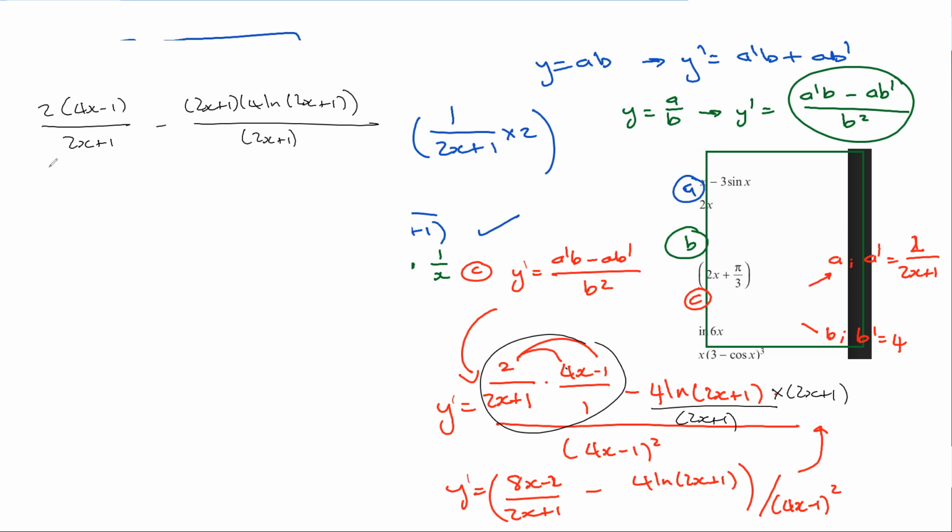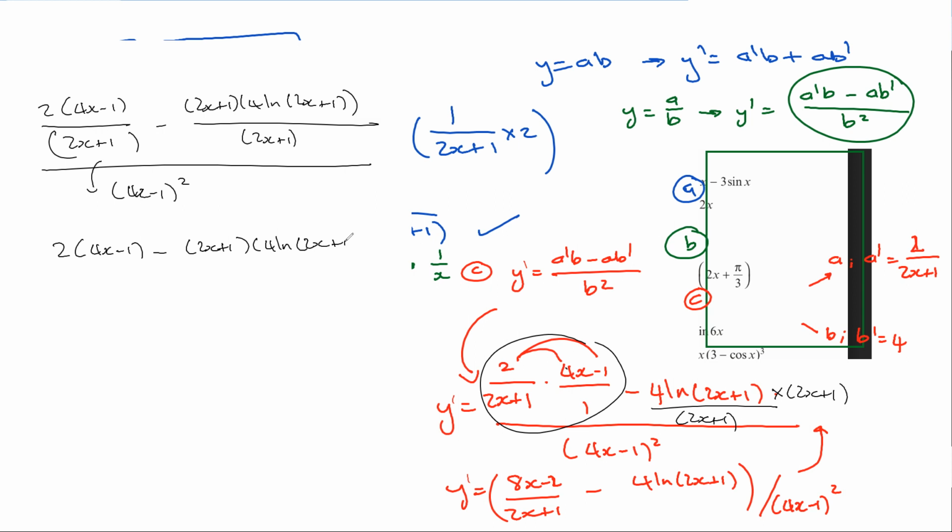So I can have a common denominator all over 4x minus 1 whole squared. Keeping that denominator and then bringing it into the bottom would become 2 times 4x minus 1 minus 2x plus 1 times 4 ln 2x plus 1, all divided by 2x plus 1 times 4x minus 1, all squared.